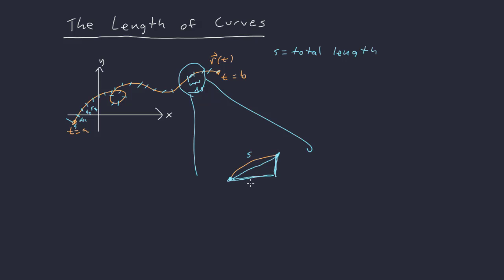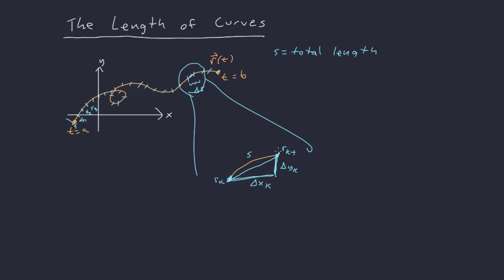So if this is going from, say, a point along R, say R sub k to R sub k plus 1, I'm going to call this delta x sub k, and this will be delta y sub k.